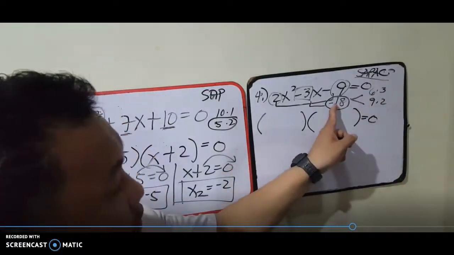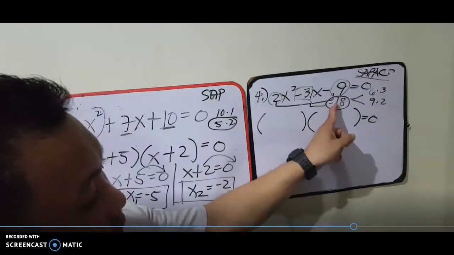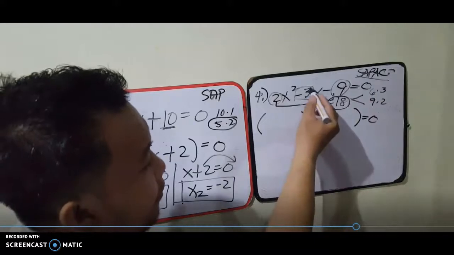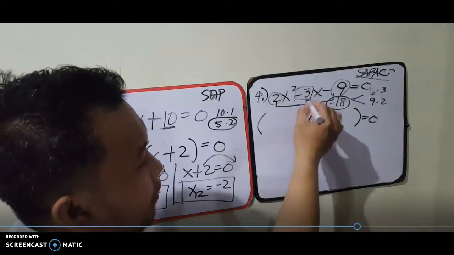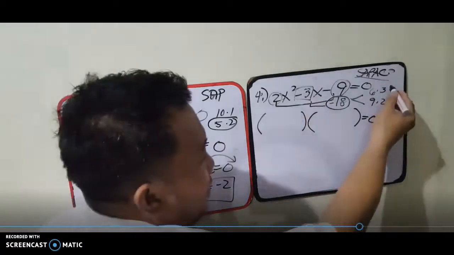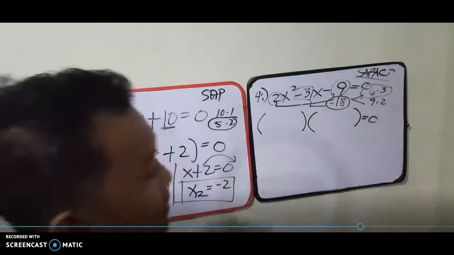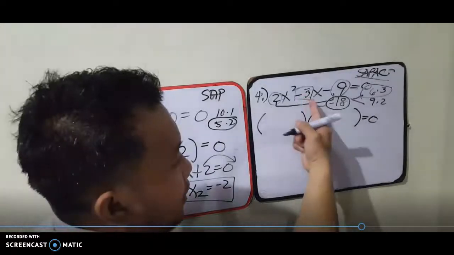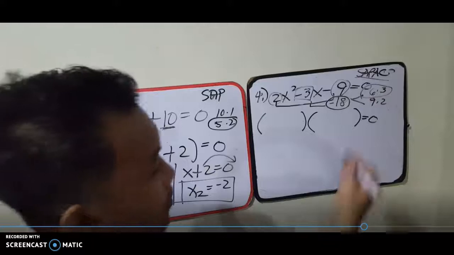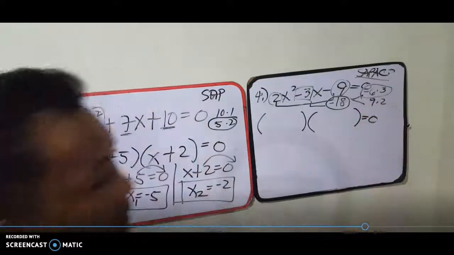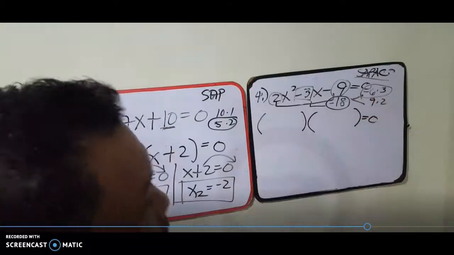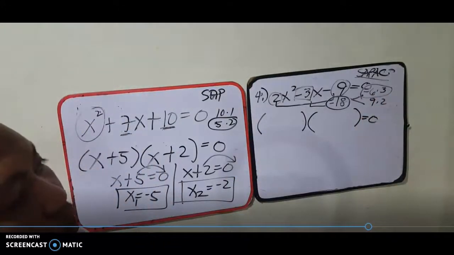Since it's negative 18, one of them should be negative. Looking at the middle numerical coefficient, that's negative 3, the larger number between 6 and 3 will be negative. So the 6 will be negative. Negative 6 and 3 will be the right factors.